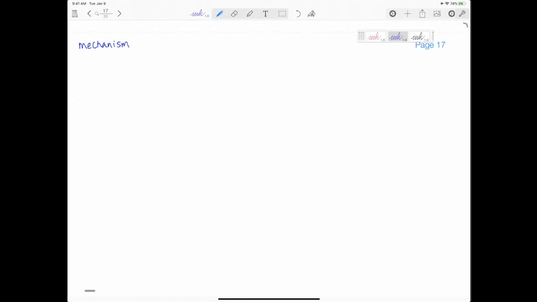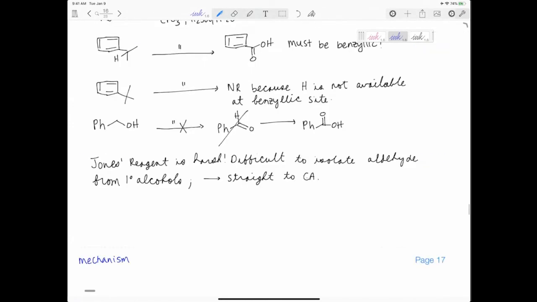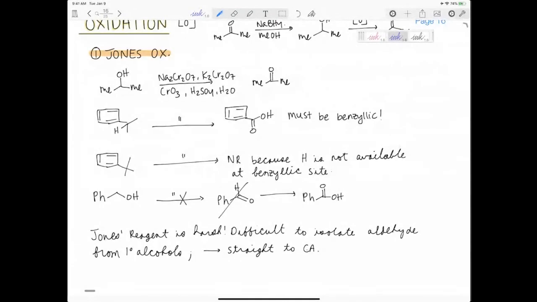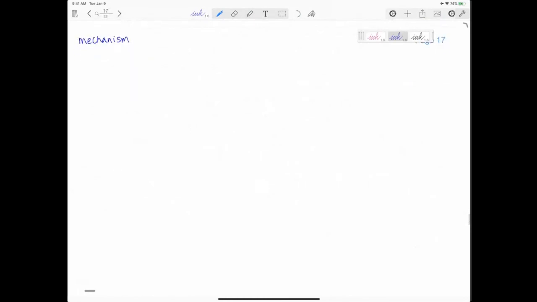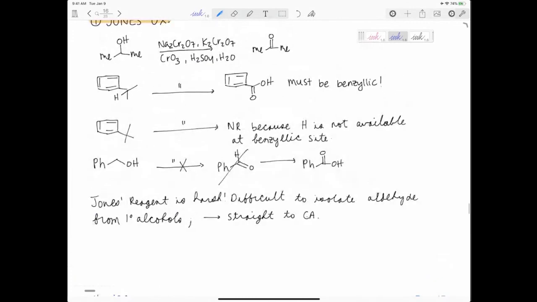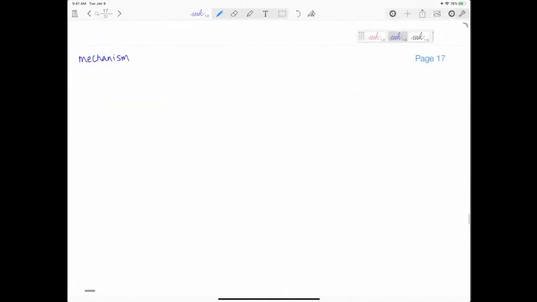The easiest way to think about it is by using this instead of CrO3, because I don't see a need for you to overcomplicate things. Let's just use the sodium dichromate. So Cr2O7 looks like this.